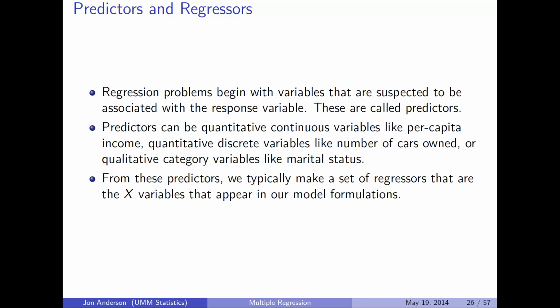They can also be category variables like marital status or agree or disagree. And so from these predictors, we typically make another set of information out of them called regressors that are going to be the X variables that we talk about in our models. So now we're going to talk about the distinction and how we get from predictors to regressors.